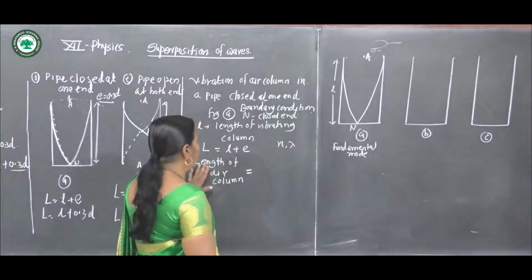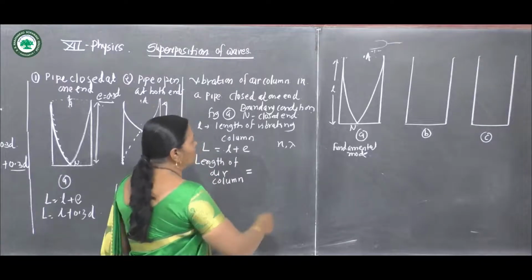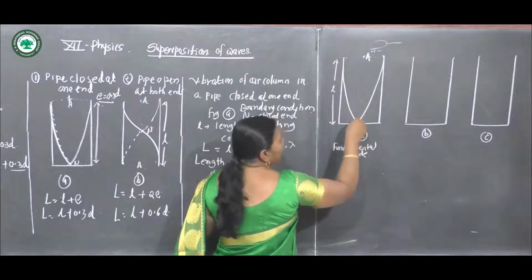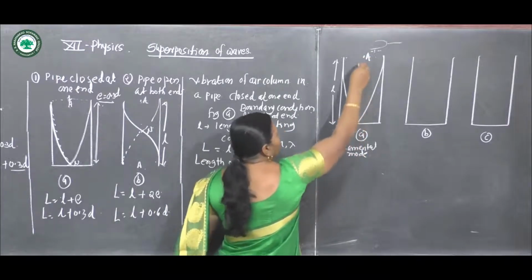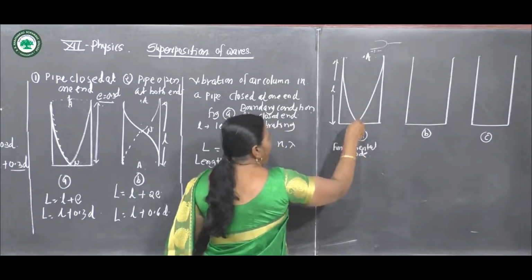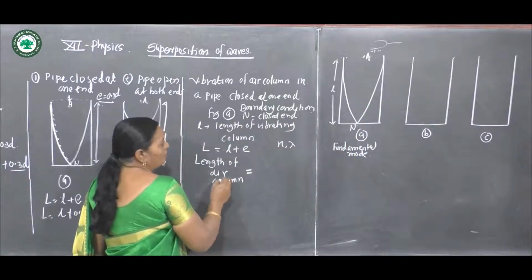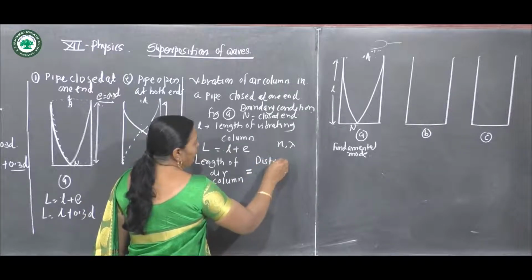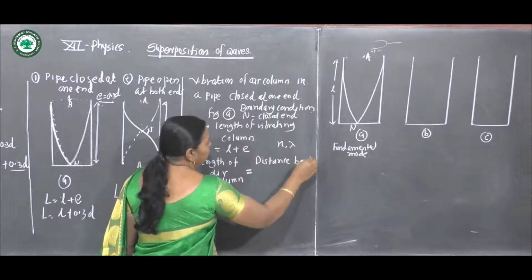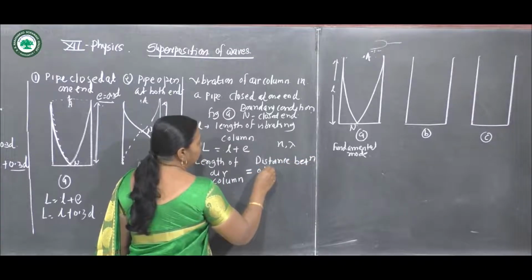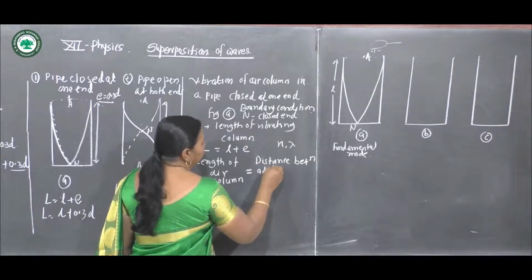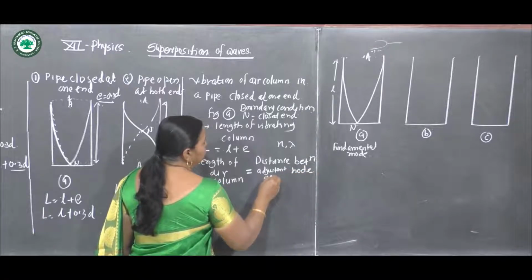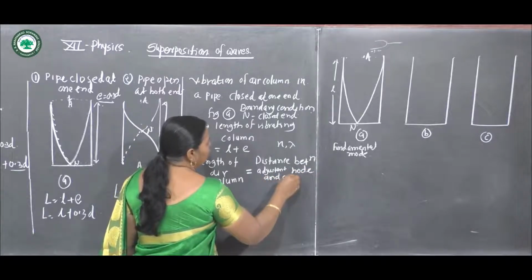Now in this case the length of air column is the distance between a node and the adjacent antinode.